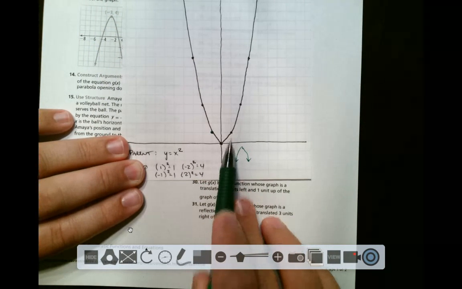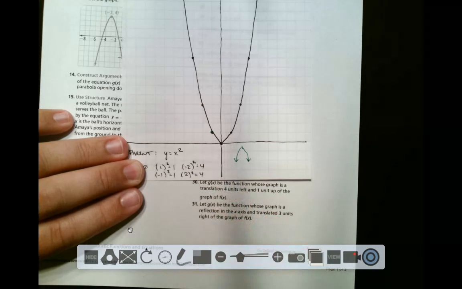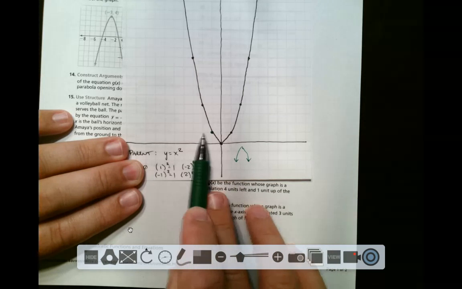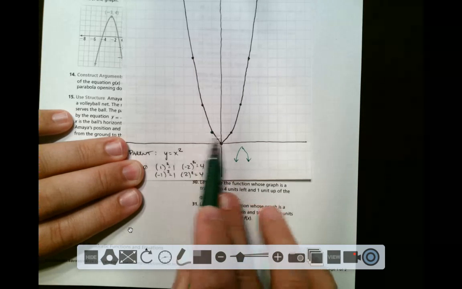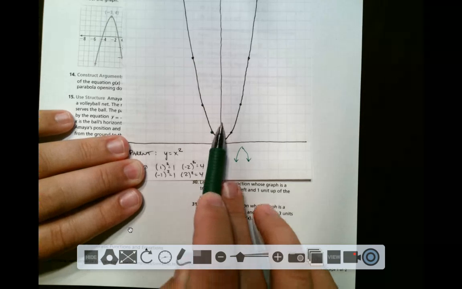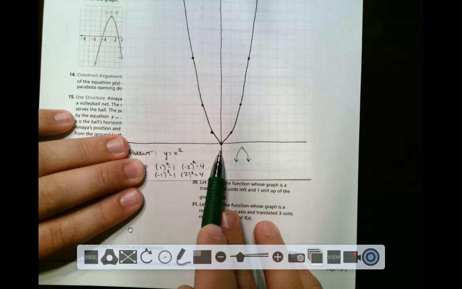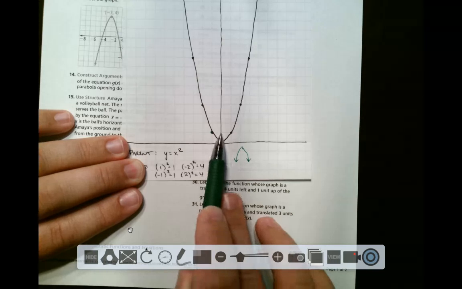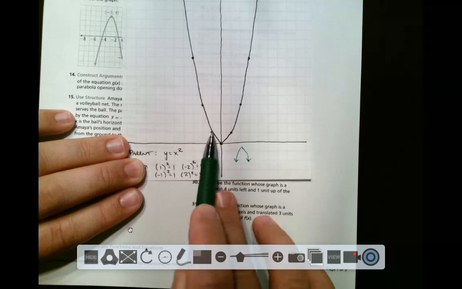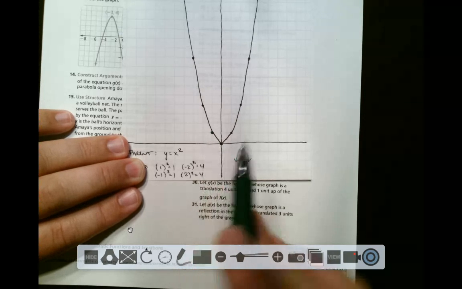So we only went up 1 unit. Well, same thing should happen here. If I go over 1, it doesn't matter if I go left or right, because remember, there's that axis of symmetry. It's going to match. If I go right 1, instead of going up 1, I'm going to go down 1, right? Because of the negative. But instead of going down 1, this is being stretched by a factor of 2. So I have to go down twice that amount.